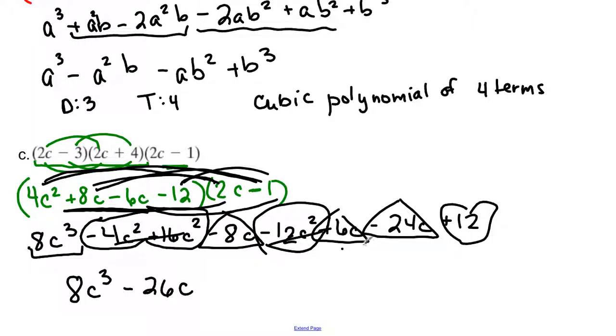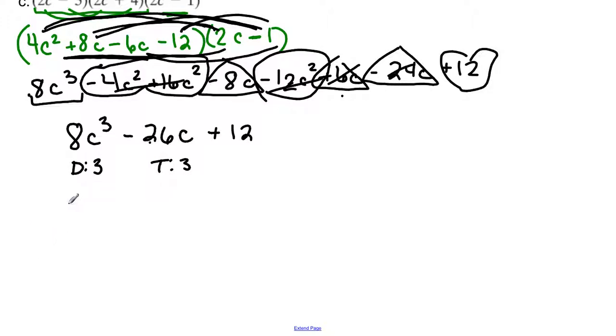And then we have plus 12. All right, so now looking at this one, we have a degree of 3, and we have 1, 2, 3 terms. So this one ends up being a cubic trinomial.